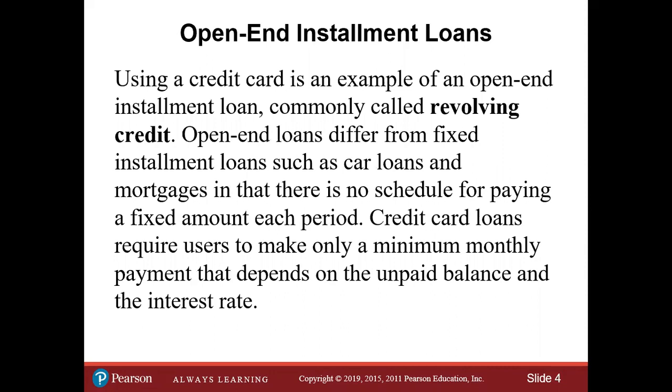And with a home or car loan, you pay that amount no matter what. But with a credit card, you only have a payment due if you have made purchases. So this is also called a revolving credit as well.